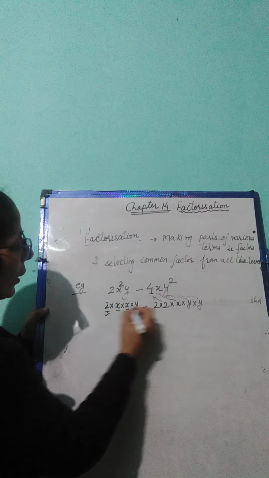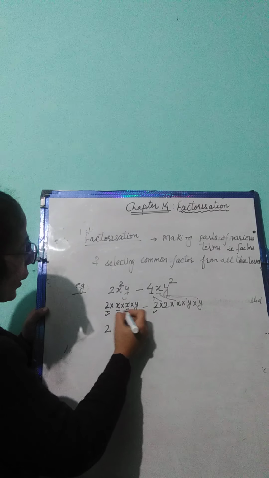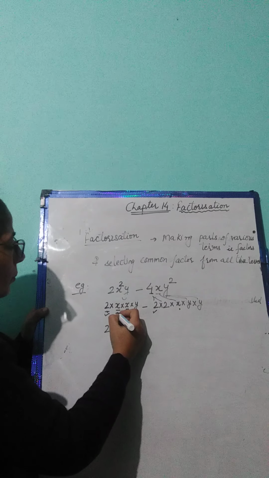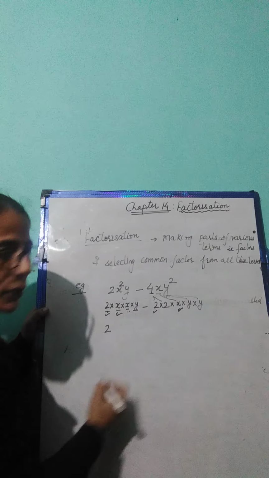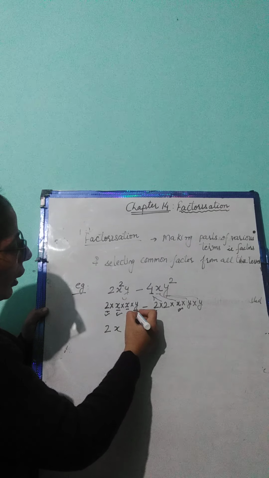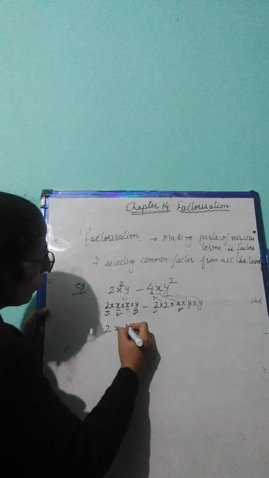Now select what are the common things. This 2 is here as well as here. So 2 is common. x is 2 times here, but here it is only 1 time. So I am selecting 1x from both. Now y is 1 time here, 2 times here. So I am selecting 1y.